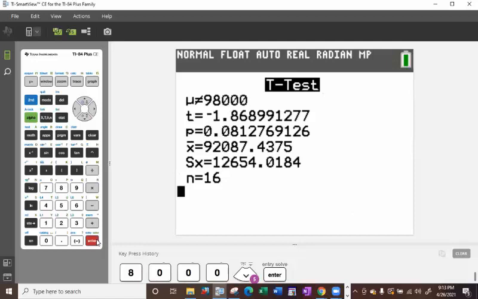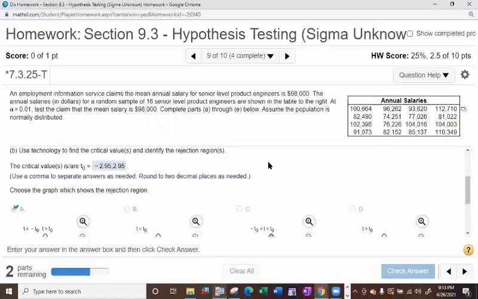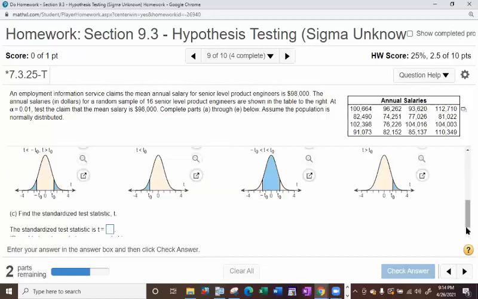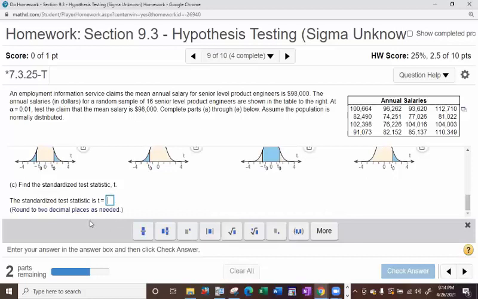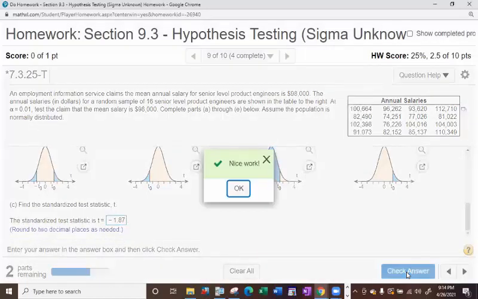Well, usually I ask two here, so let's try negative 1.87. Yay. Well, this problem will be extremely rude.